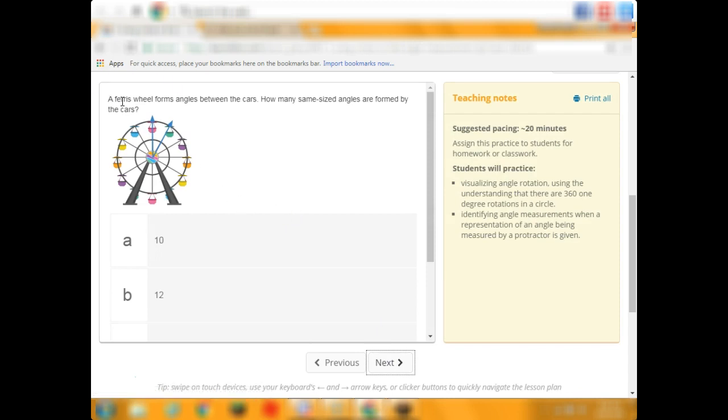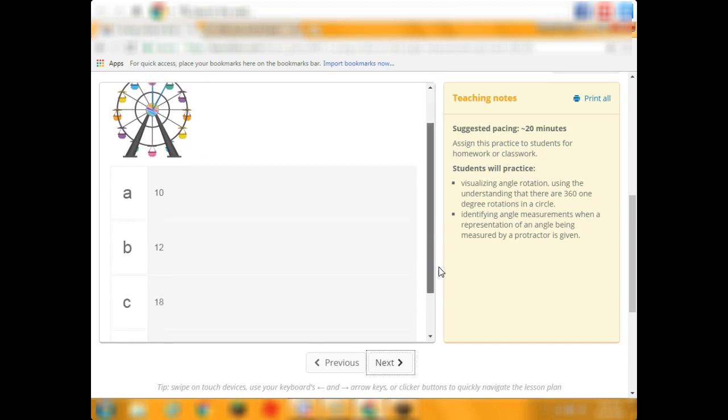Again, a Ferris wheel forms angles between the cars. And these are the cars on a Ferris wheel, if you didn't know. How many same-size angles are formed by the cars? So, let's count these. 1, 2, 3, 4, 5, 6, 7, 8, 9, 10, 11, 12.